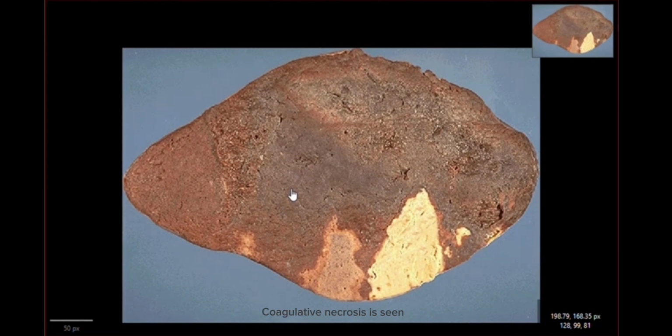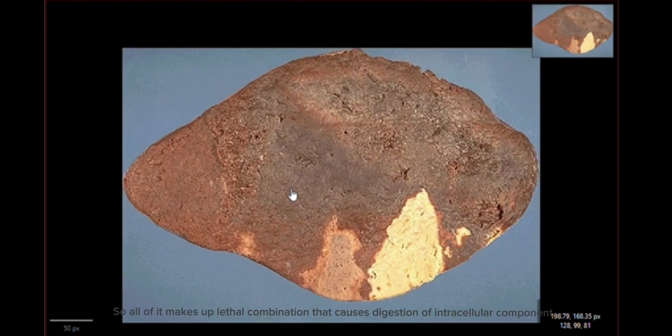Coagulative necrosis is seen where the organ is solid and it is not soft or rubbery. In that case, there is leakage of proteolytic enzymes and eventually leakage of lysosomal enzymes when the lysosome and the membrane rupture.